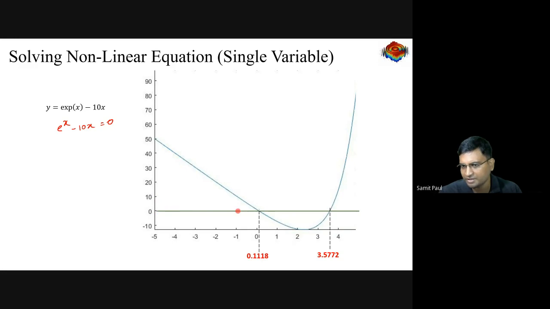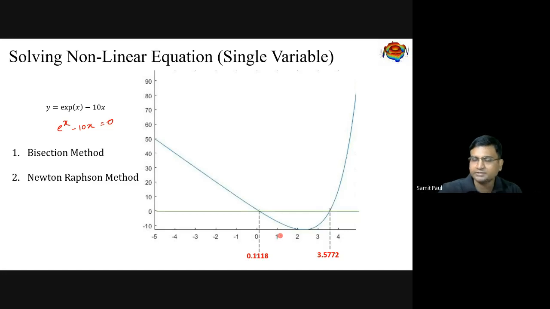This is the 0 line, y equal to 0 line. So at x equal to 0.1118 and x equal to 3.5772, we are going to have y equal to 0. Is this clear?